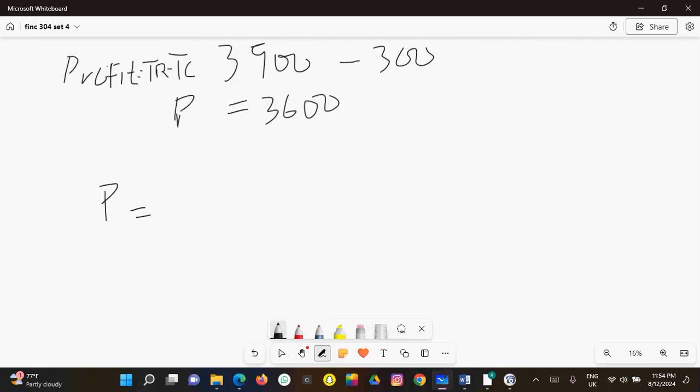So for this two-part pricing, right? So for the B, profit is equal to the consumer surplus, right? Which we had the 7,200.